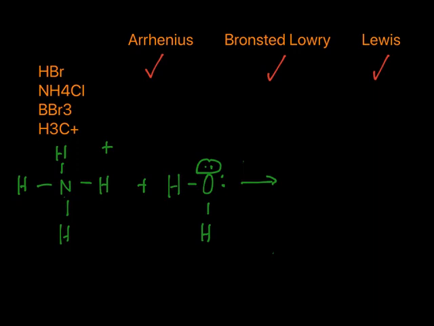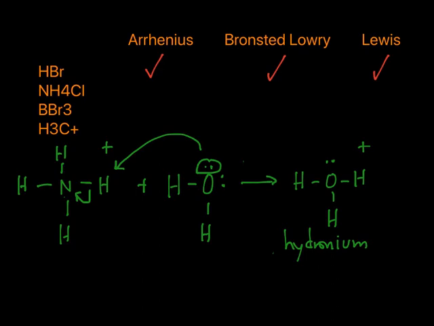Okay, so I wrote it out a little bit better here. So one of the electron pairs on oxygen is going to be attracted to this hydrogen. These two electrons here will stay with the nitrogen. So now your product is your hydronium cation, plus your ammonia.